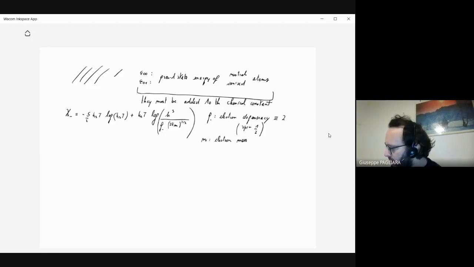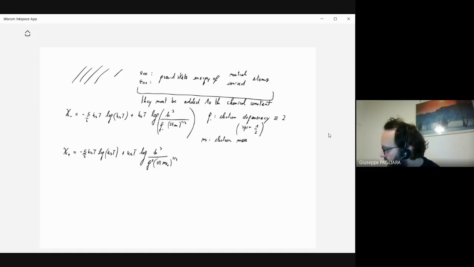Similarly, we can write the chemical constant for the ionized atoms, and we have in front the same minus 5 half kBT log of kBT plus kBT log of, here we have h cubed, here we have a degeneracy g plus, and then we have a 2 pi m plus to the power of 3 half.